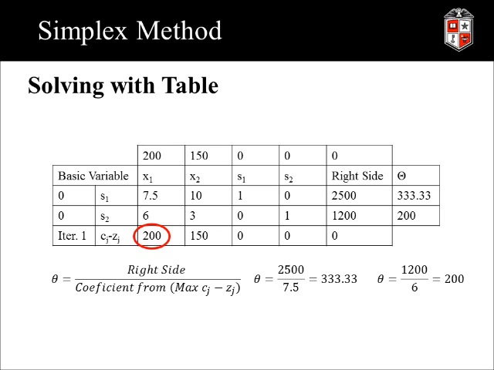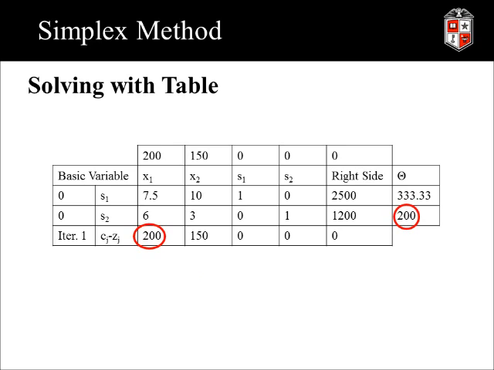In this case, we will have 2500 divided by 7.5 and 1200 divided by 6. This will give you a value of 333.33 for the first theta and 200 for the second theta.